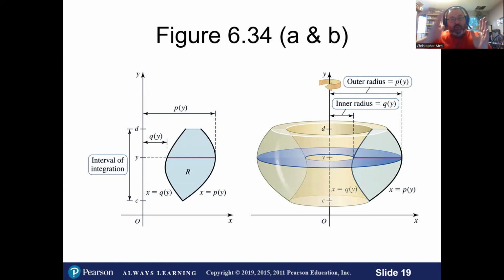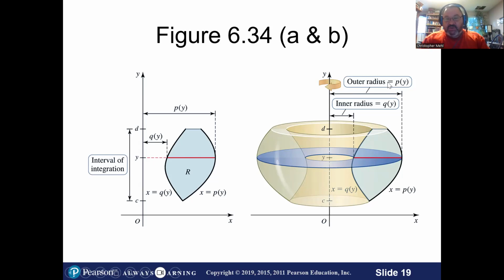Now the outer radius is P of y, and the inner radius is Q of y, and we're going to be integrating along the y-axis instead. We take that region, bounded on the right by P of y and on the left by Q of y, and spin it about the y-axis to form a solid of revolution like so.